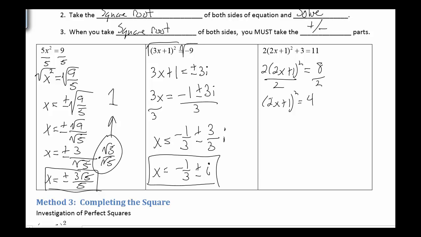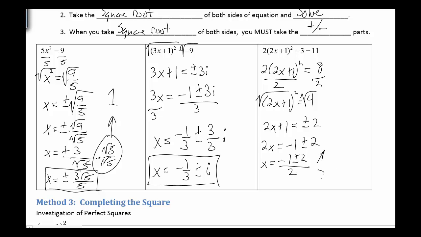And then I can apply the square root method. So sometimes it takes a little bit more steps to get there. On the left side, I have 2x plus 1. And on the right side, I have plus or minus 2. All right, so then I'm going to subtract off the 1, and then divide by 2 there, so -1 plus or minus 2 over 2.